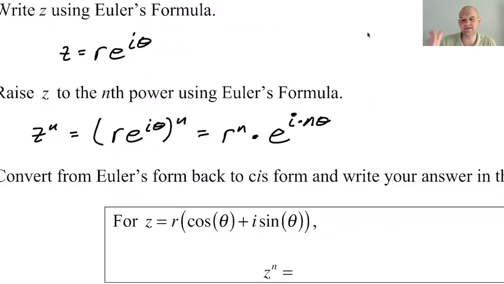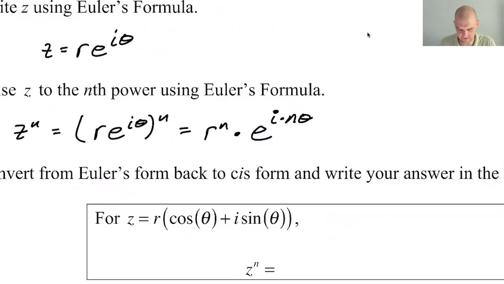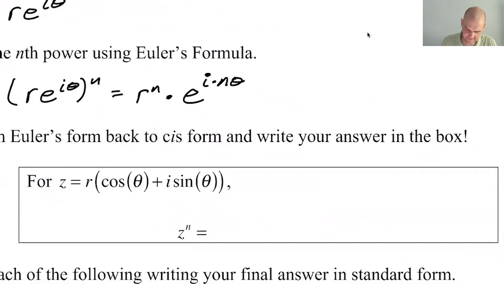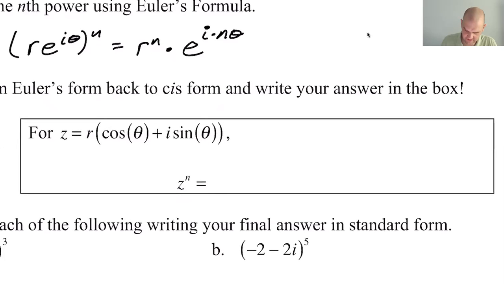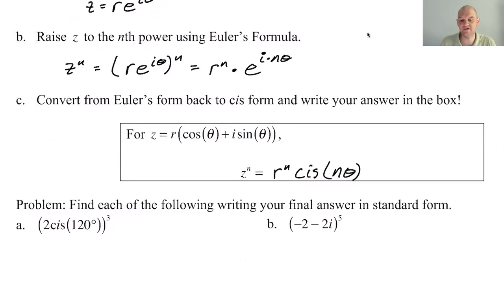However you want to group those. And then you can rewrite it as r to the n, cis n theta. That's it. It could not be easier.